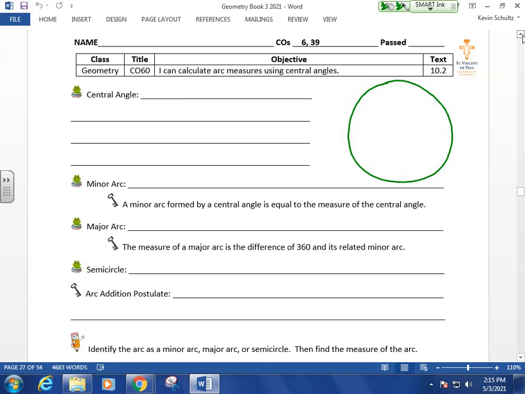And a central angle is an angle with its vertex at the center. That's why it's called a central angle of a circle. Those of you that came to the geometry placement test review session a couple weeks ago, we talked about this, okay?